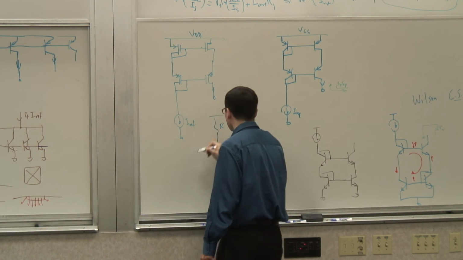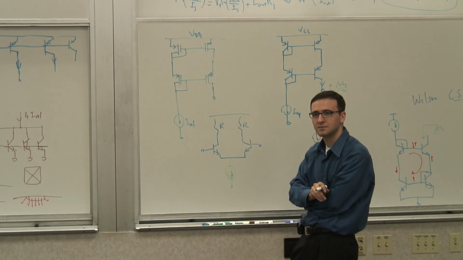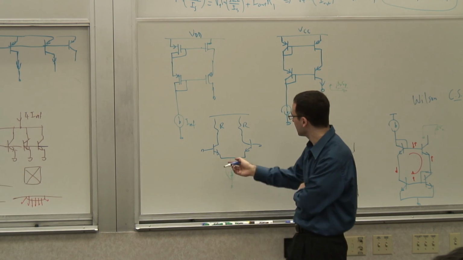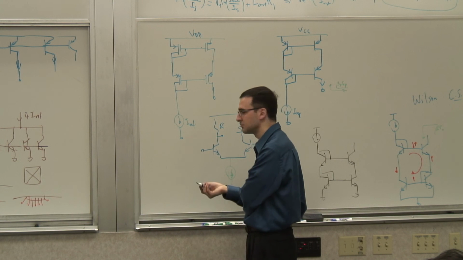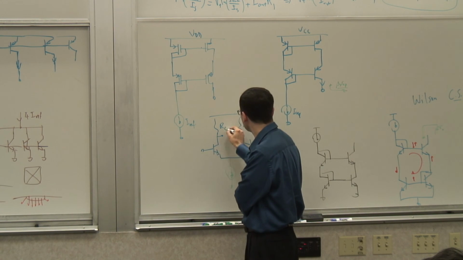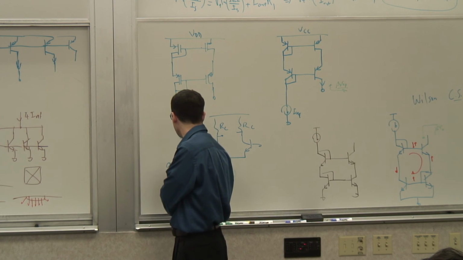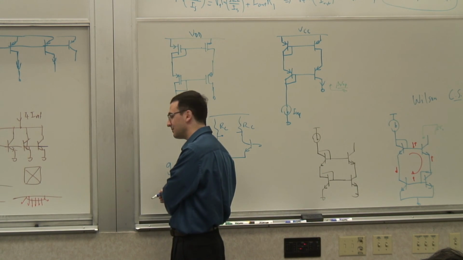Would that mean that the gain of this thing is constant with temperature? What is the differential gain of this stage? For differential signal, it's just a common emitter. So it's gm RC. And what is gm?